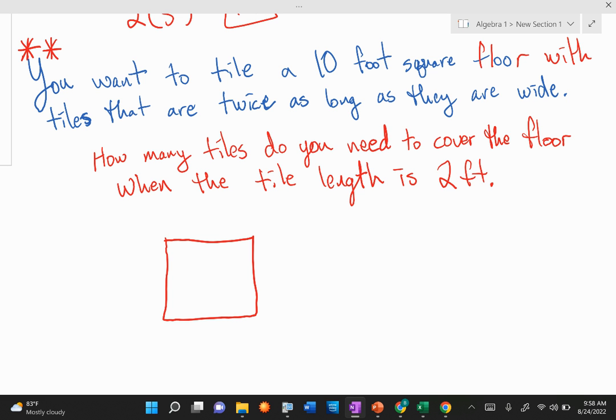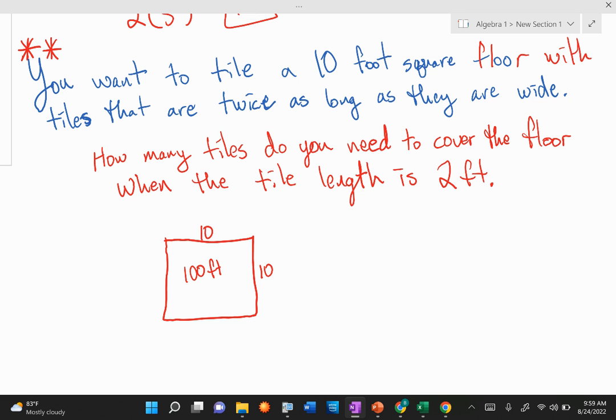Okay, so we've got a square. What is the length of one of these sides, Gray? 10 feet. Okay. Good. We'll check when we get there. So we've got a square that is 10 by 10. That means our area of this square is how much? Yeah, 100.